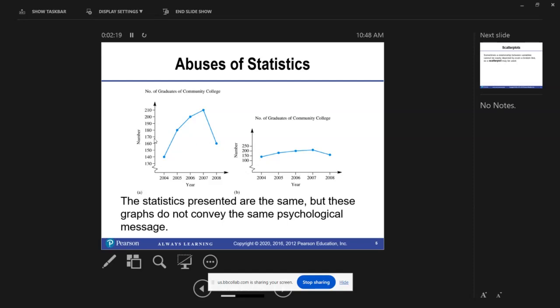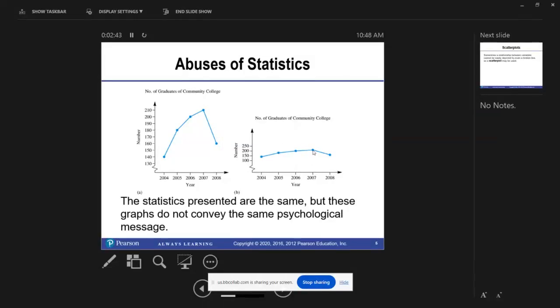Yeah, see how our vertical axis is more spread out here than what we had here. The graph on the right, we have a scale of 50, whereas on the graph on the left we have a scale of 10. So even though when I look at 2004, it's at 140, and that is about that as well. Look at 2007, see how it's up at 210?